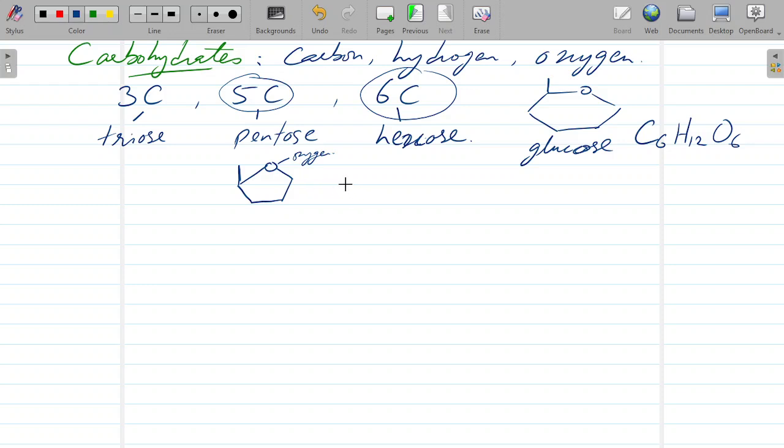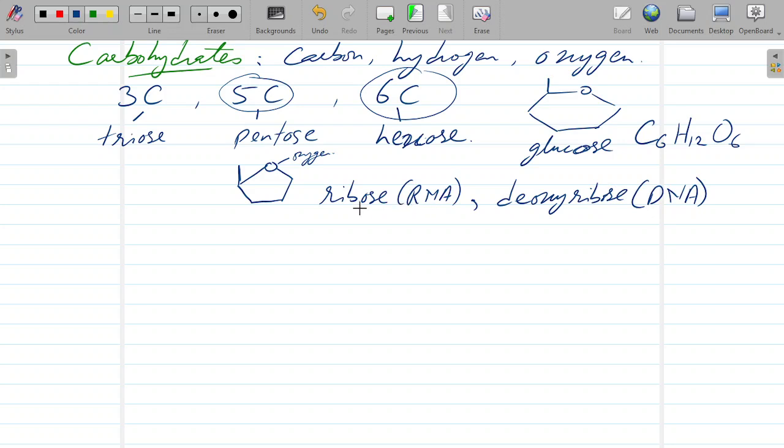And two examples that are relevant for pentose are ribose, which is present in RNA molecules, and deoxyribose, which is present in DNA molecules. In fact, the D in DNA is deoxyribose.